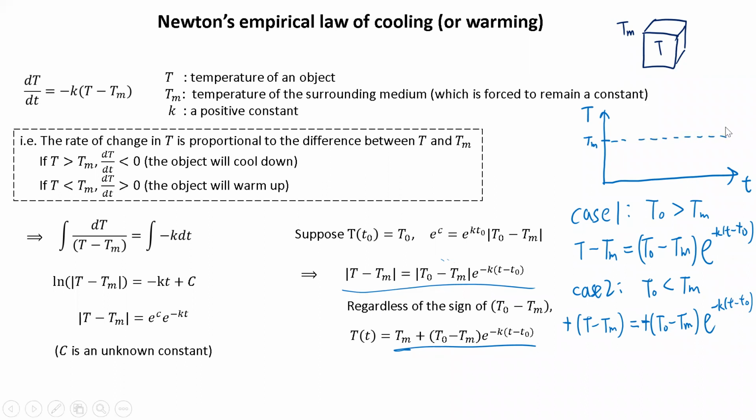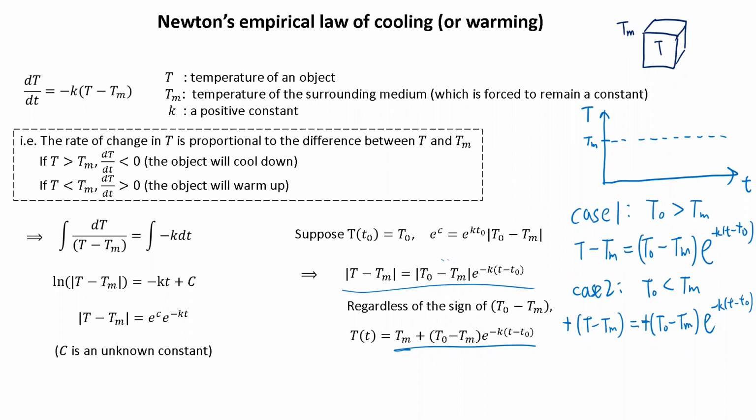That means no matter whether your initial temperature is hotter or colder than the surrounding air, if you wait long enough, the temperature of the metal will become the same as the temperature of the air. So that's reasonable.